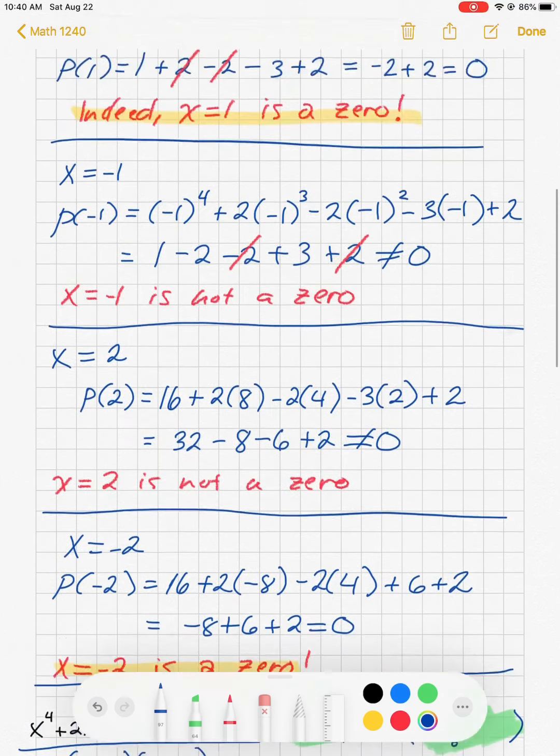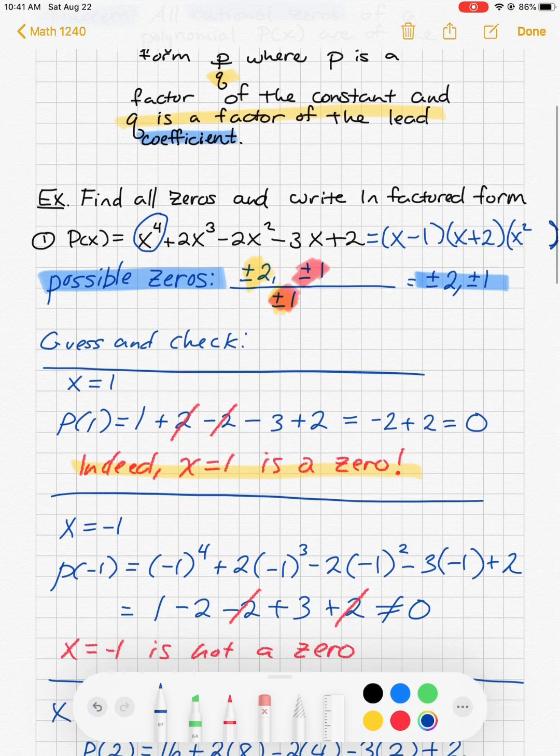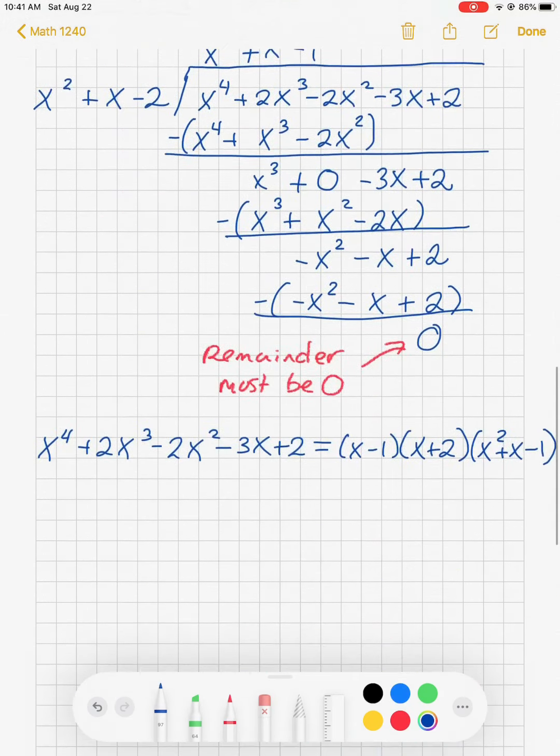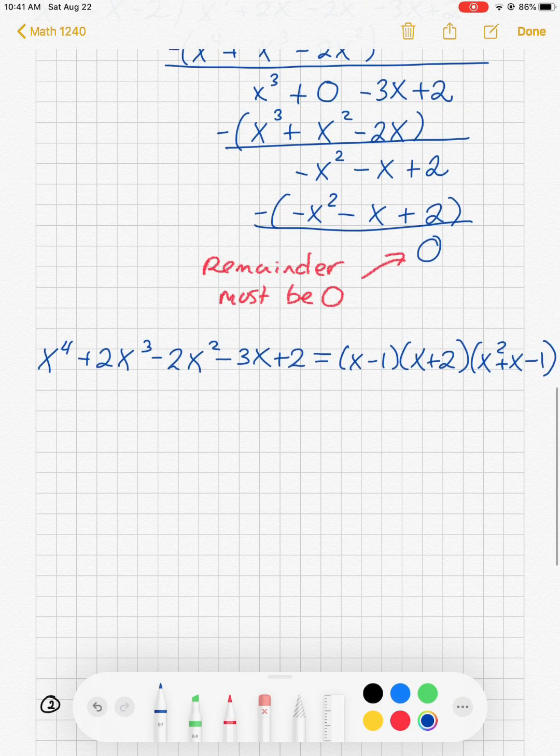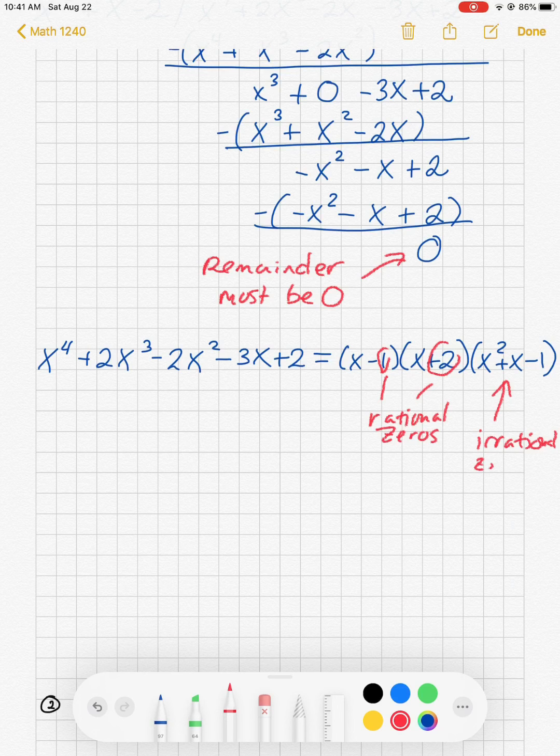Now, let me see what the instructions said exactly. Find all zeros and write in factored form. So I see my two rational zeros, right? Those were 1 and negative 2. But this guy could contribute irrational zeros, in other words, ones that cannot be written as fractions.